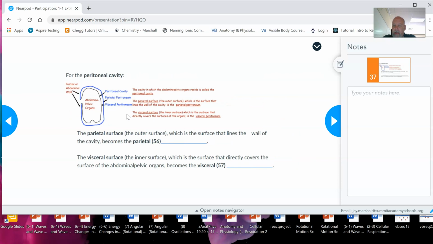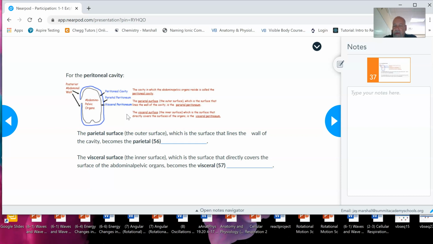If we go to the next slide, we also have the abdominal cavity or the abdominal pelvic cavity, and I've just represented the abdominal pelvic organs as one giant organ here, but recognize that the visceral peritoneum is closely applied to all of the organs individually, and then the parietal peritoneum is just on the wall of the abdominal pelvic cavity.